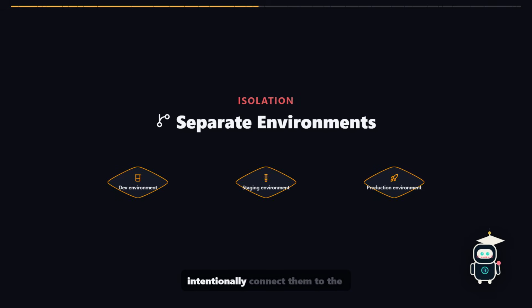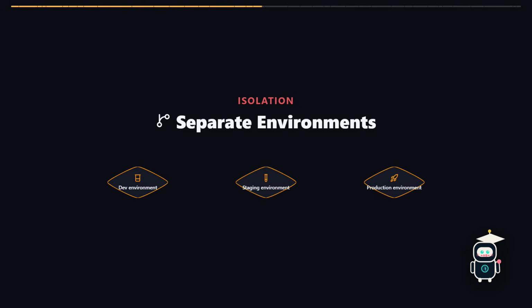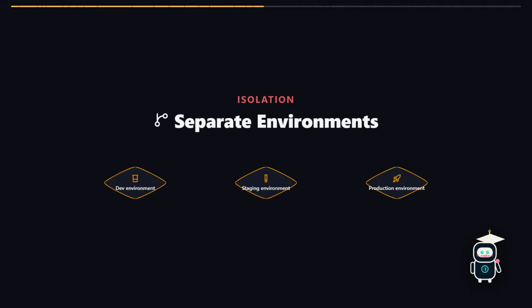You might intentionally connect them to the same VPC, identity system, shared service, or external database. Design those dependencies carefully. For production data, keep the database lifecycle independent from short-lived test environments. The goal is not merely to create multiple environments. The goal is to create safe boundaries between application versions, configuration, and data.